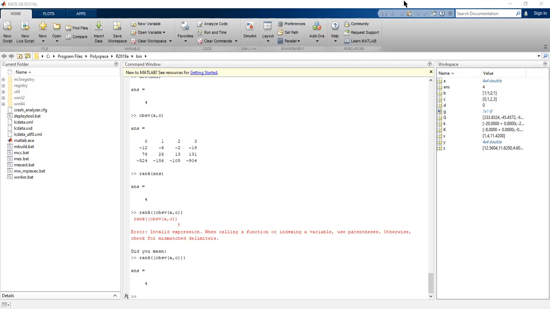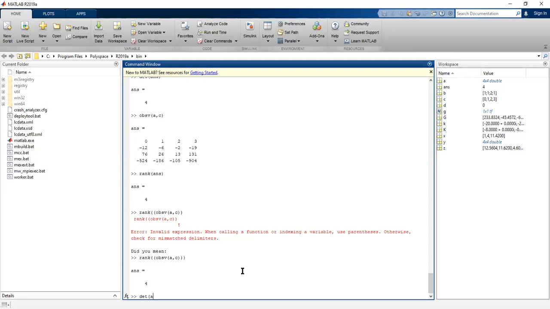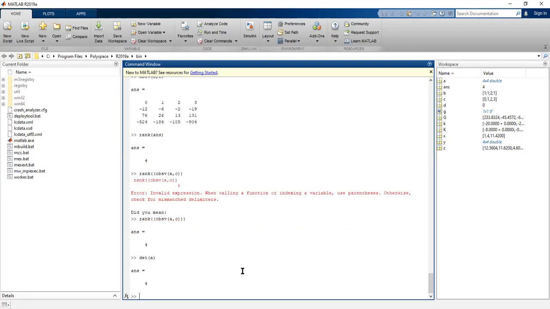And the next thing that you would have to work out is the determinant of the matrix A. The reason why you'd want the determinant of the matrix A is to find out if the system is stable or unstable.